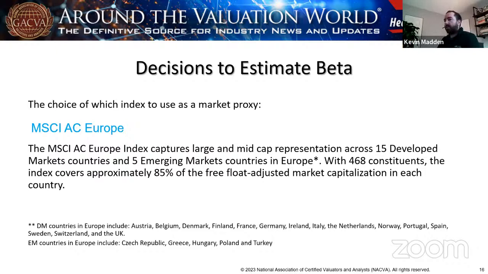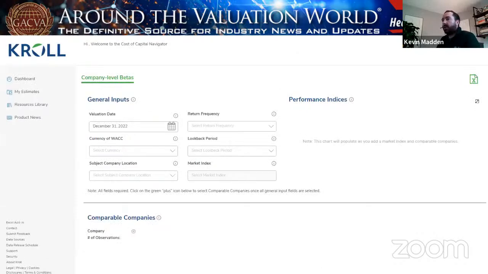So again, we just answered really six high-level questions that are going to help us generate a discount rate or WACC, as well as the ability to build up our industry CAPM beta. So that's the way we designed our tool. I'll give you a quick sneak peek of what the tool will look like. Again, we've answered what's our valuation date, what's the currency of our analysis, where's our subject company located, and the return frequency, monthly or weekly.